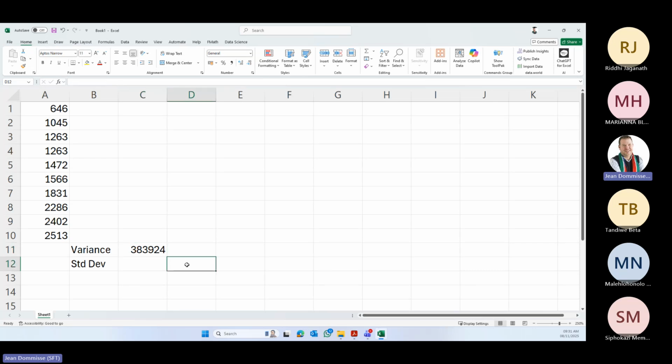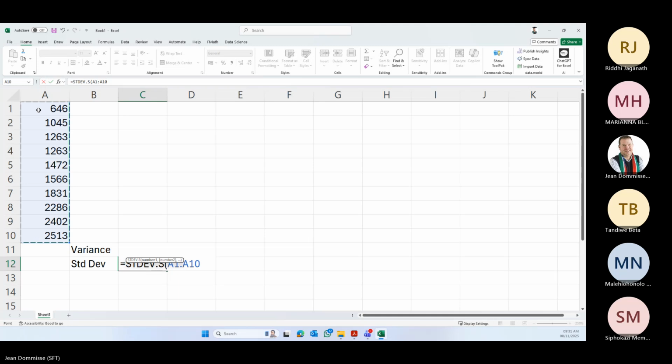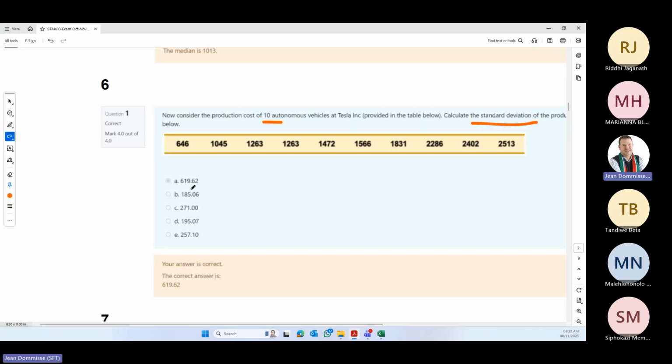Okay, variance, big number. And then standard deviation of a sample. Okay, so let's hope there is 916. Okay, 916.